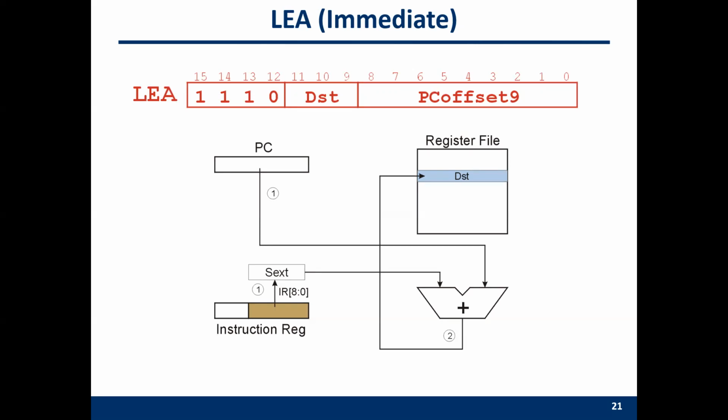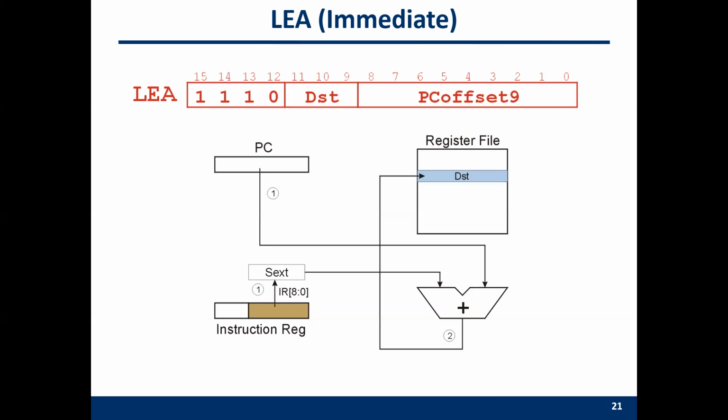So this instruction is not used to fetch some data from the main memory. It can help you to write some value to the destination register. So there is no main memory access at all.